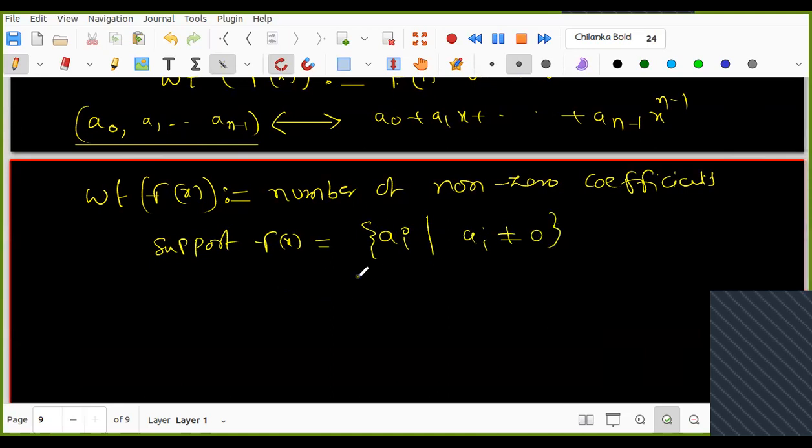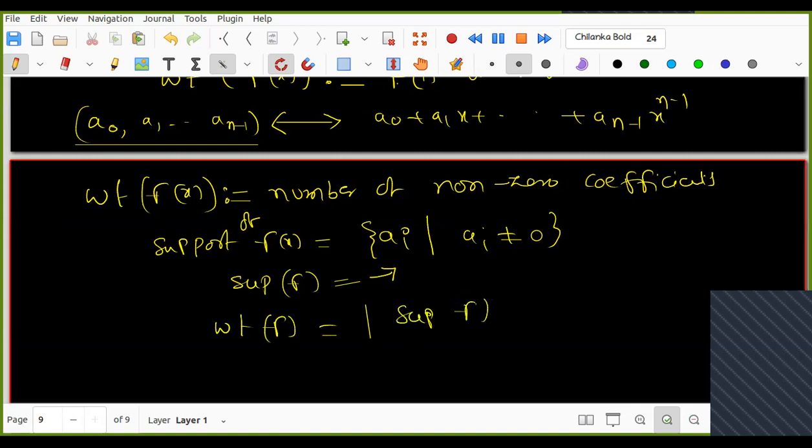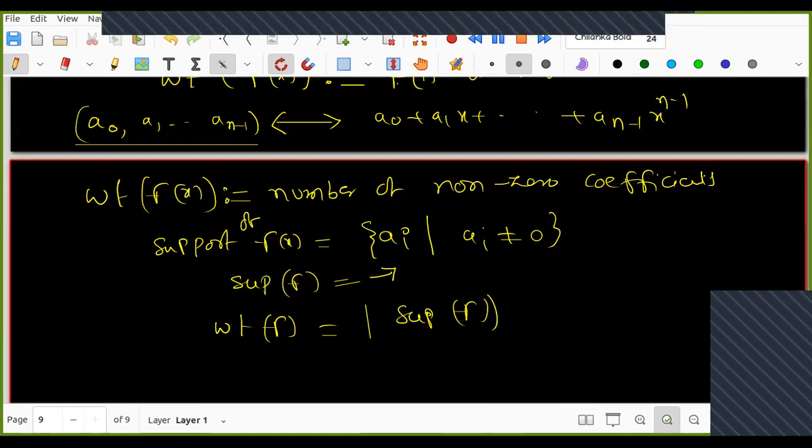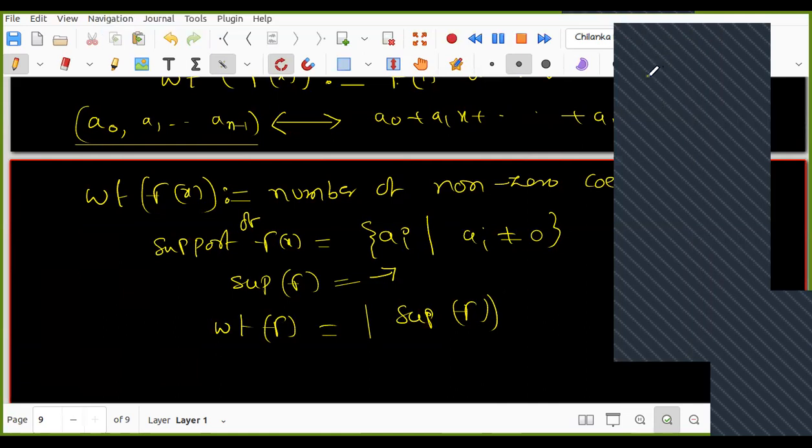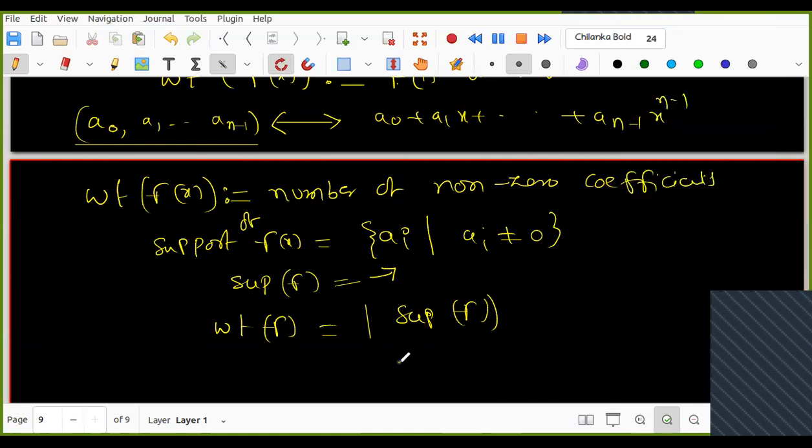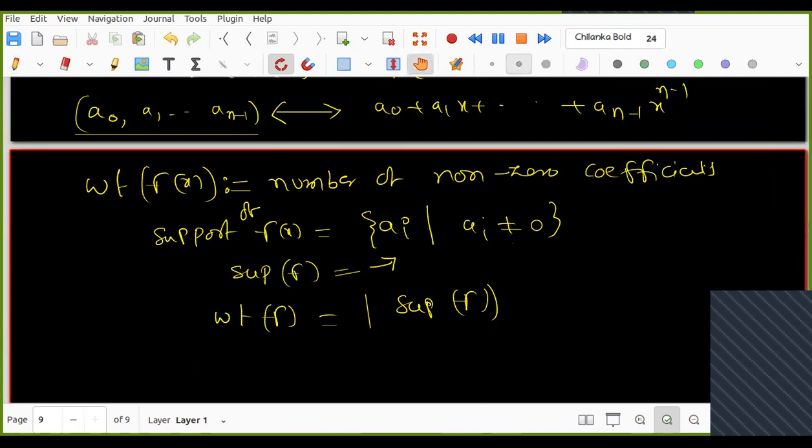Is it okay? So weight of f equals the cardinality of the support of f. I hope this much is okay.